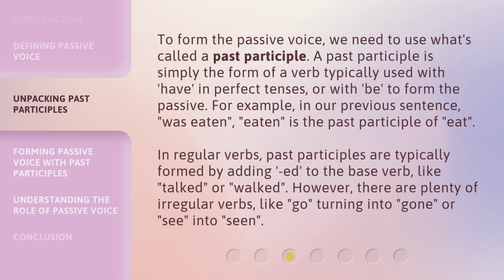In regular verbs, past participles are typically formed by adding ed to the base verb, like talked or walked. However, there are plenty of irregular verbs, like go, turning into gone, or see, into seen.